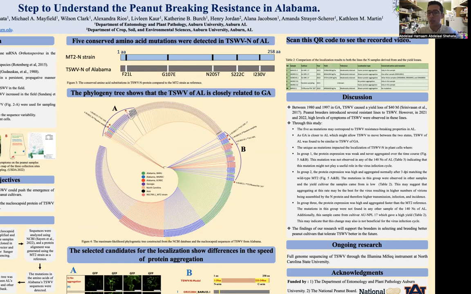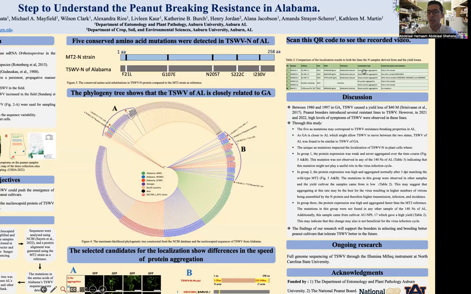This one says no aggregation, number 4. When we looked into all the nucleocapsids that were amplified from Alabama, which was 140 nucleocapsids, we found that this mutation is not represented in any other sample, which means that it's not being selected by the virus. Therefore, it is suggested that this mutation is not good for the virus, or it is not responsible for the increase in the symptoms.